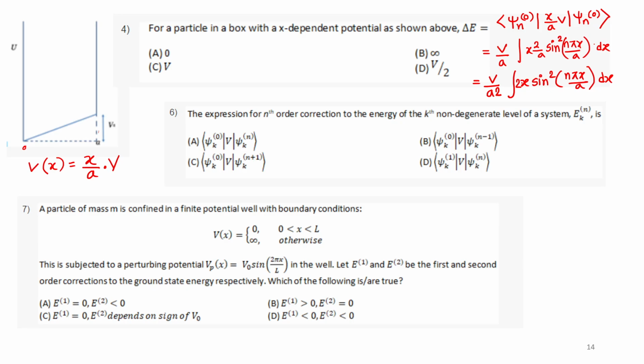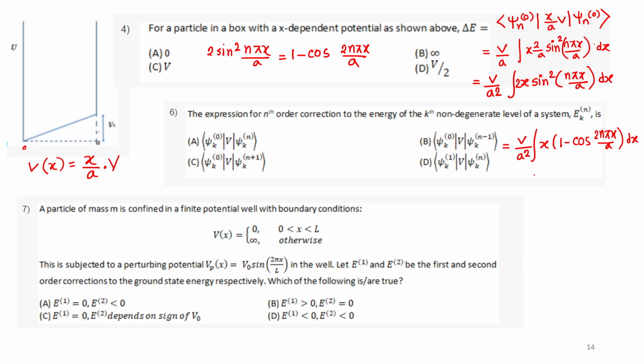Now 2 sine square n pi x by a can be written as 1 minus cos 2n pi x by a. So I need to break it down into two parts, right? x times 1 minus cos 2n pi x by a dx.